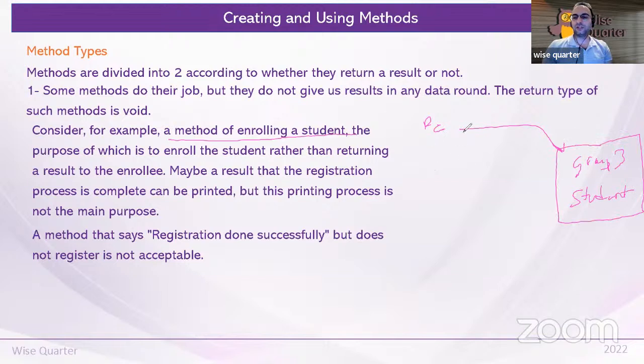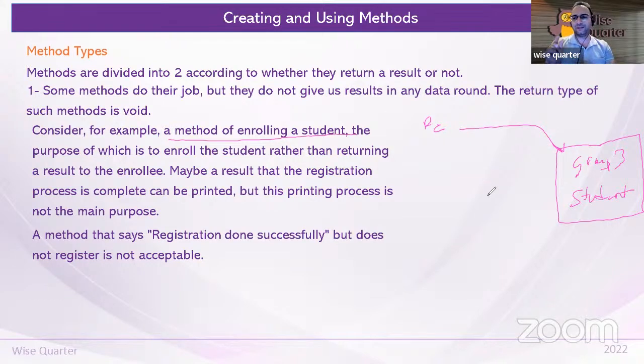The function is enrolling the student in group 3. It will add the student there without returning anything. We won't see any result, but we will know that from now on, the student is in group 3.